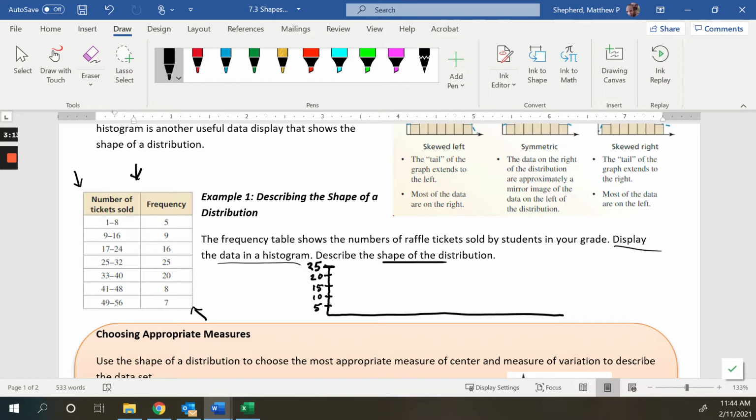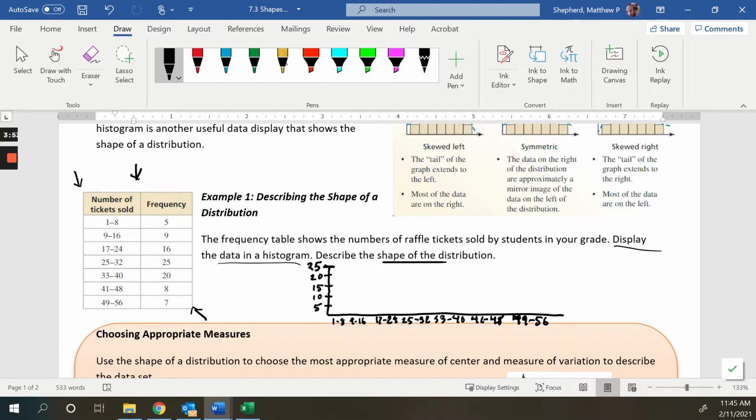Those are all approximately spaced out. Now I want to put in my intervals. The intervals go down at the bottom. So 1 through 8, 9 through 16, 17 through 24, 25 through 32, 33 through 40, 41 through 48, and 49 through 56.